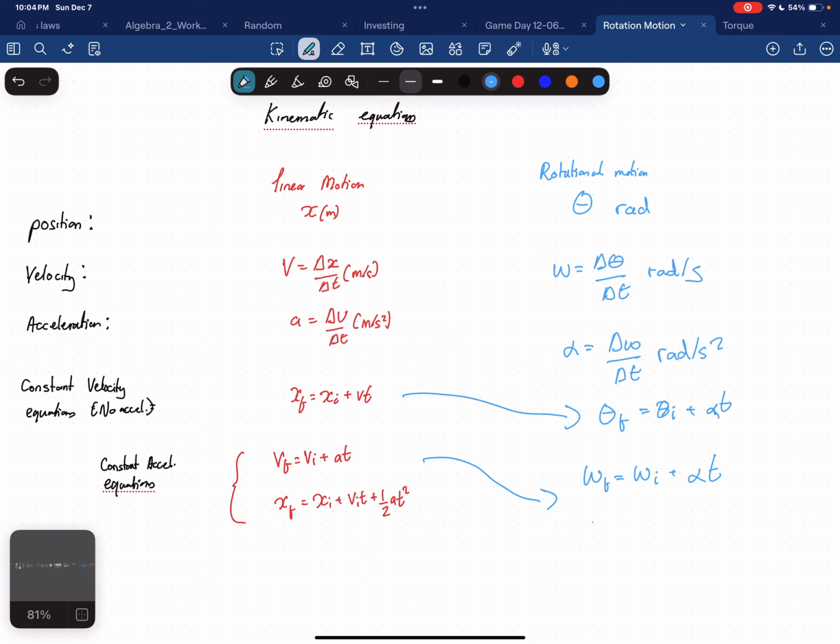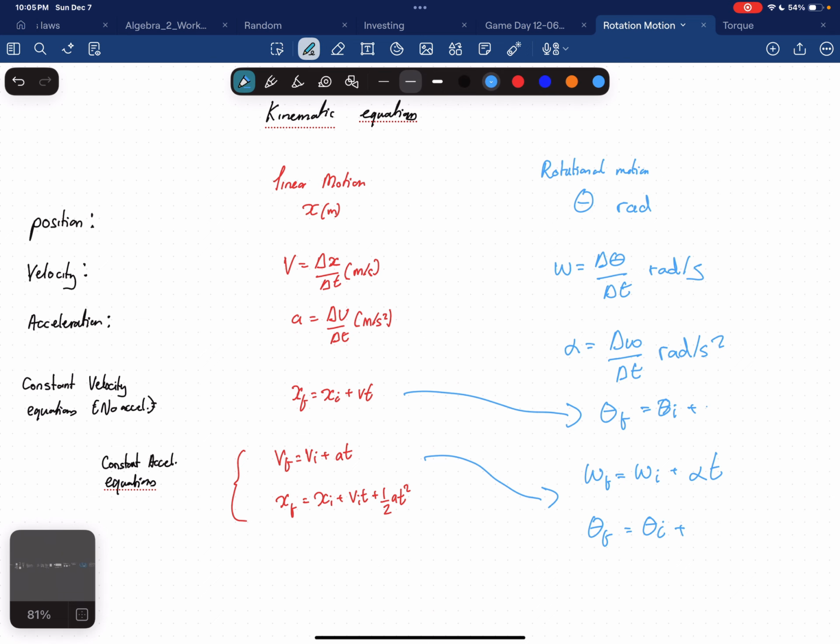Then here we're going to have theta f is equal to theta i plus, so this one here is the constant angular acceleration. Apologies, this equation has a mistake. This here is constant angular velocity.